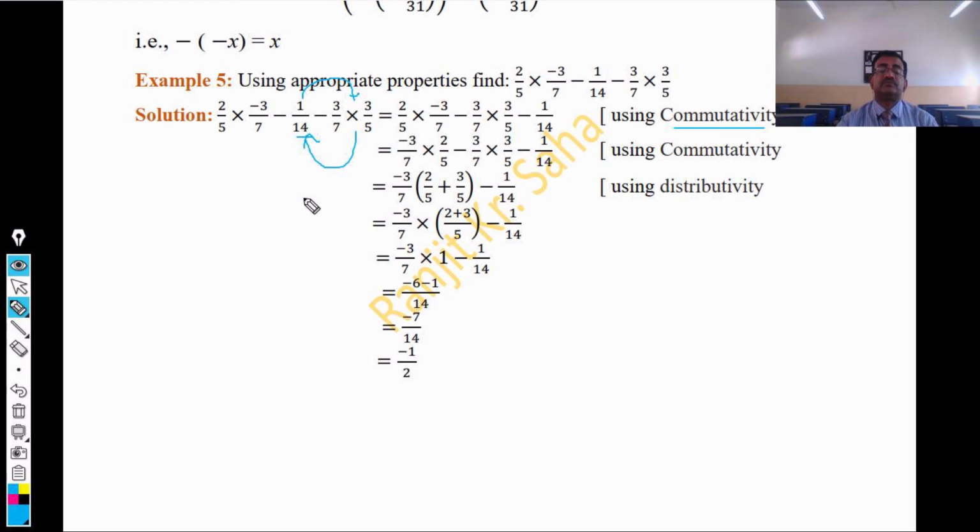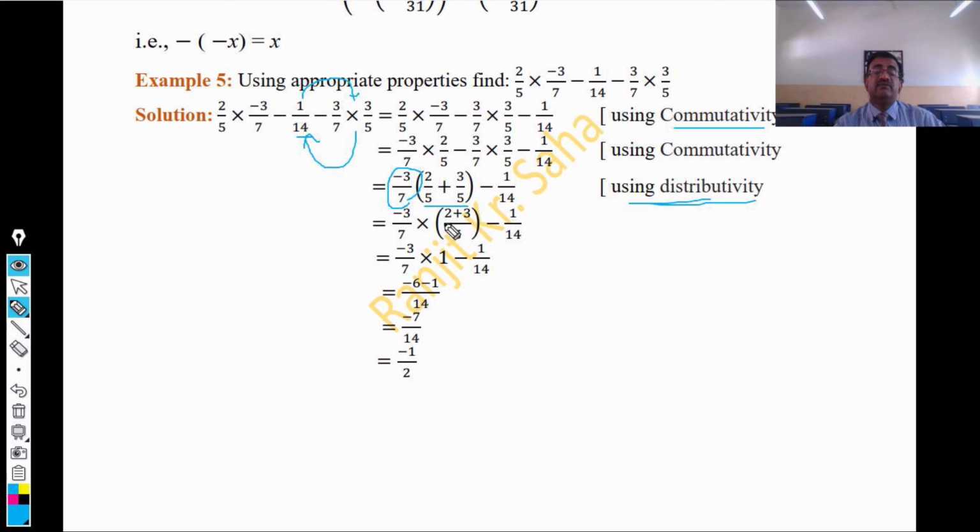Now after that, use the distributive property. Take common minus 3 by 7, it is 2 by 5 plus 3 by 5 minus 1 by 14. And don't forget to quote the property. Now add, that means solve the first bracketed term.